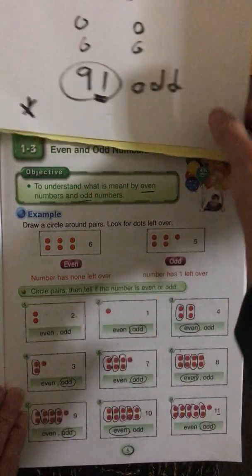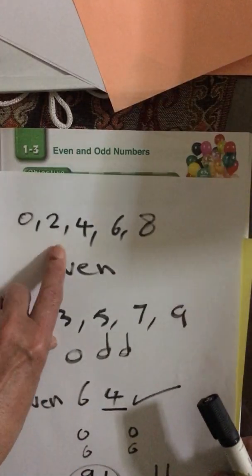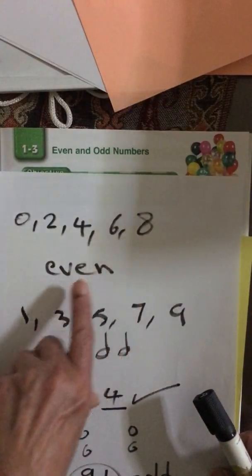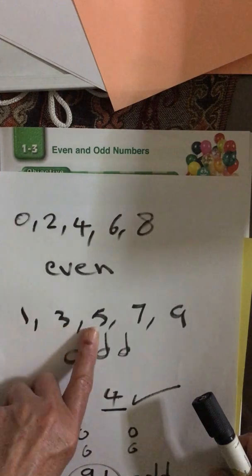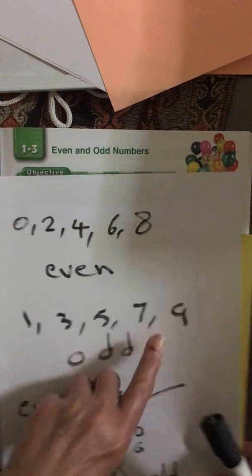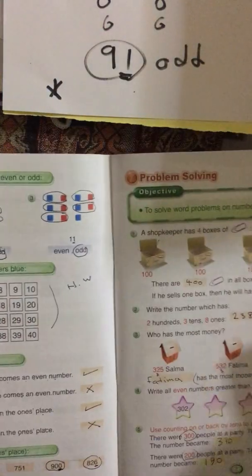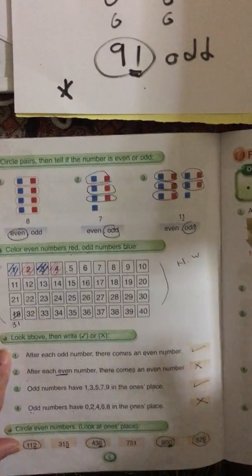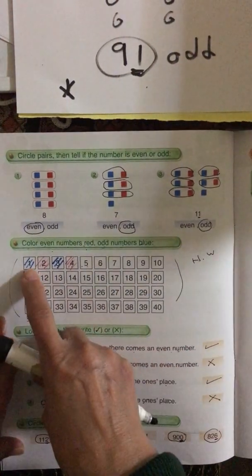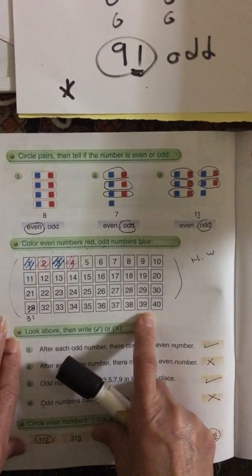As I said, you need to memorize this. 0, 2, 4, 6, 8 is even number. 1, 3, 5, 7, 9 is odd number. Now, if you have the 100 chart, from 1 until 40, they didn't write all of it.